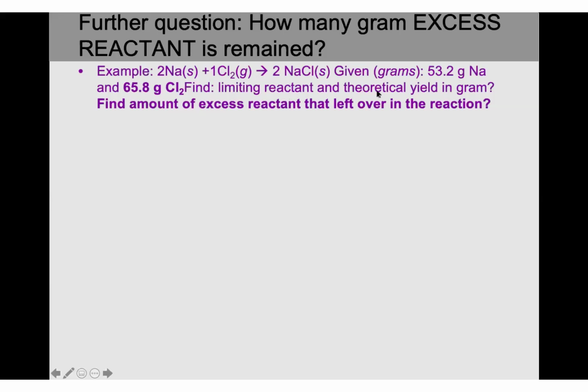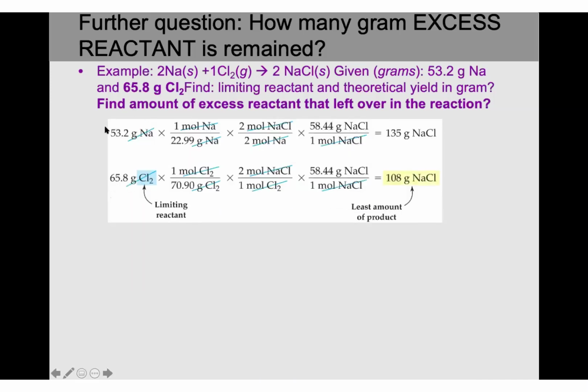I recommend, guys, to be honest, whenever they give you grams of the compounds, always find the product in the form of grams. So how? We start with a given number, we convert to mole, we use the coefficients to convert to product, and then I find the molar mass of my product and convert to the gram of product.